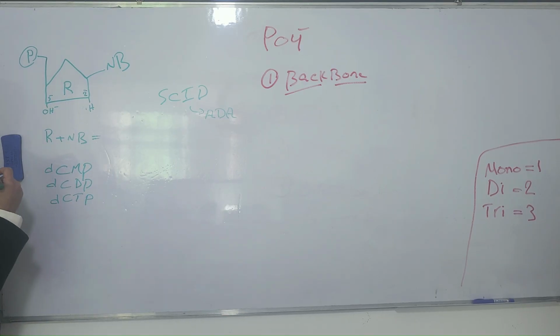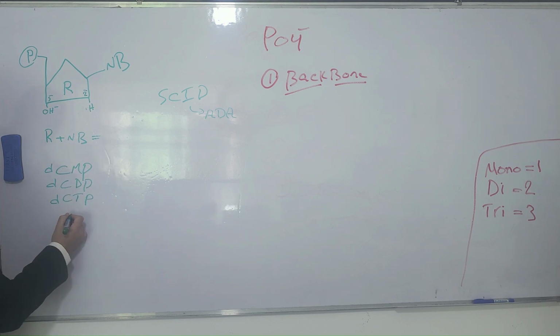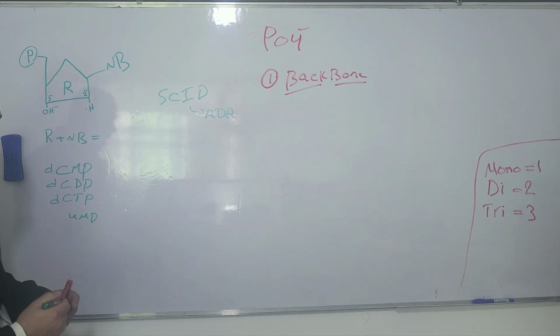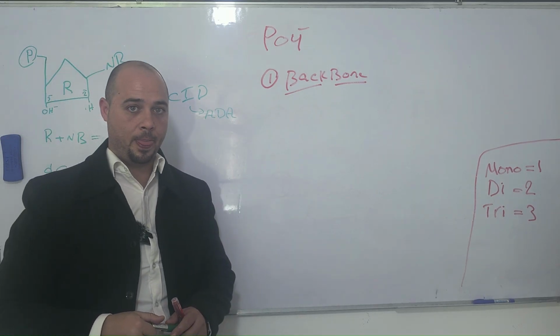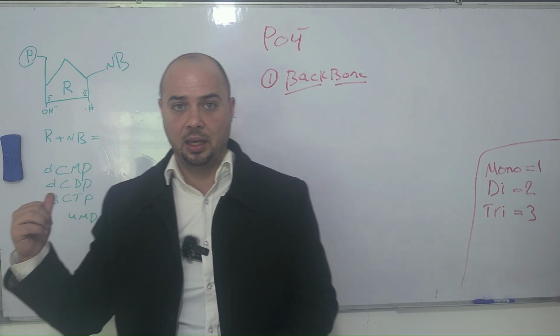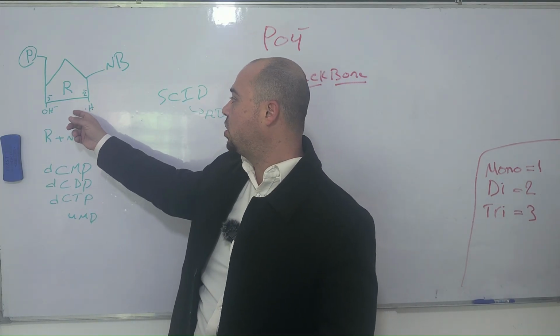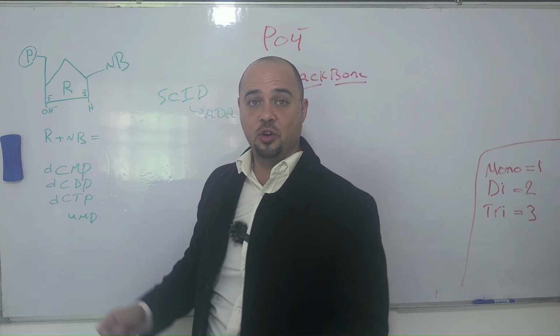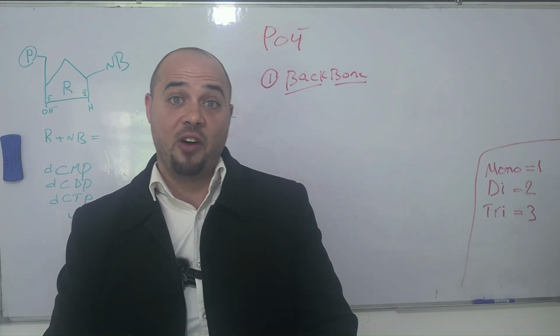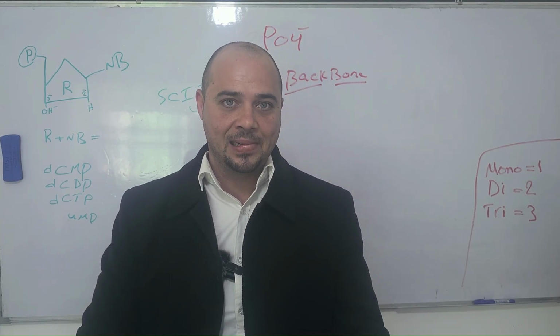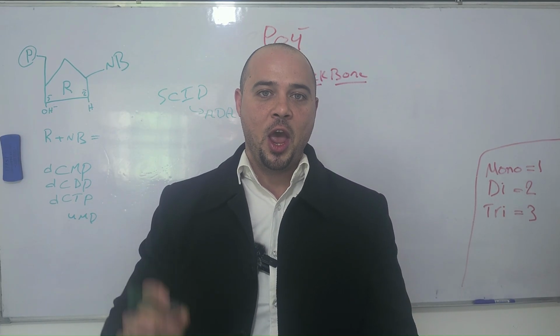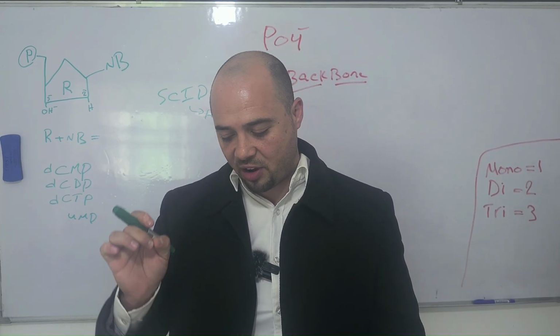If it's uracil, you're going to say uracil monophosphate, uracil diphosphate, and uracil triphosphate. Of course, if the uracil is missing an oxygen group here, it's going to be deoxyuridine monophosphate, right? Don't fall for it. Uracil is never present in DNA.